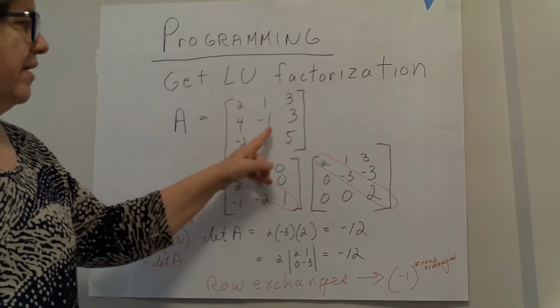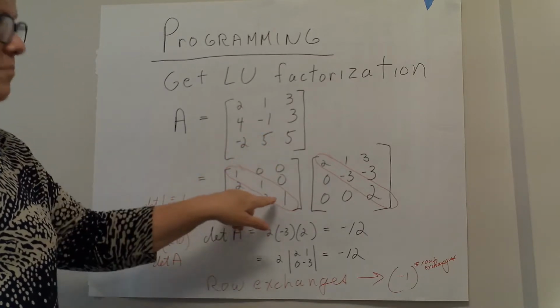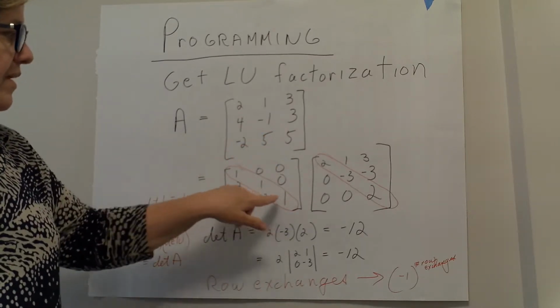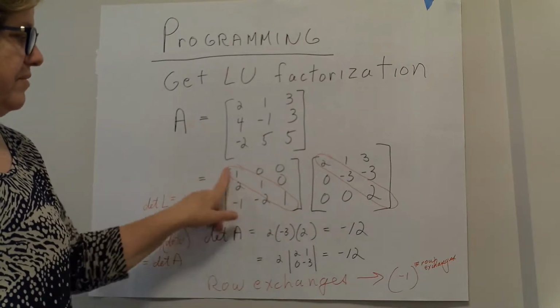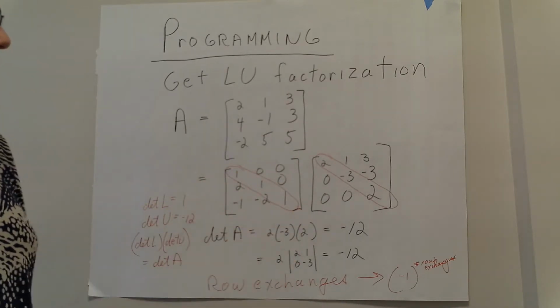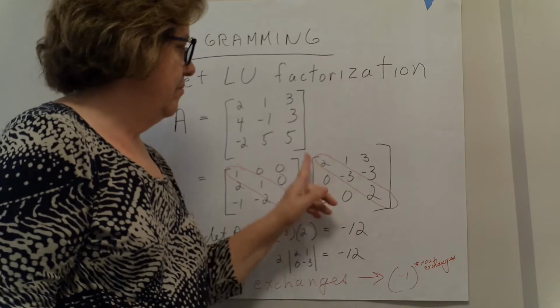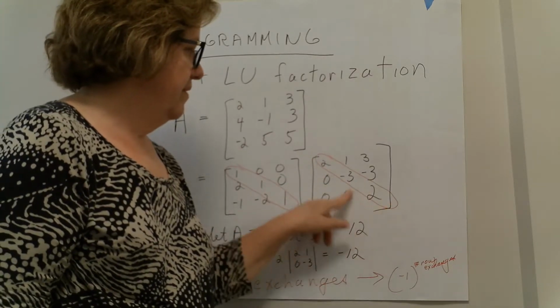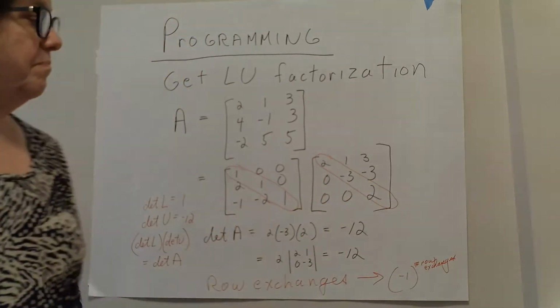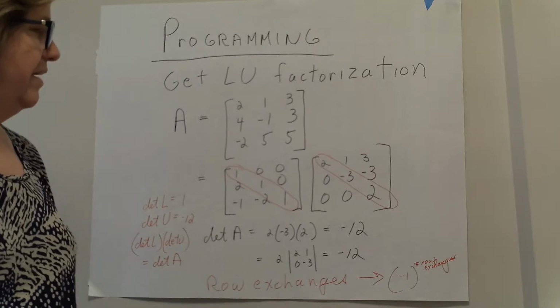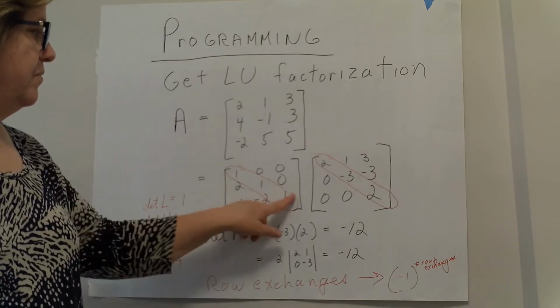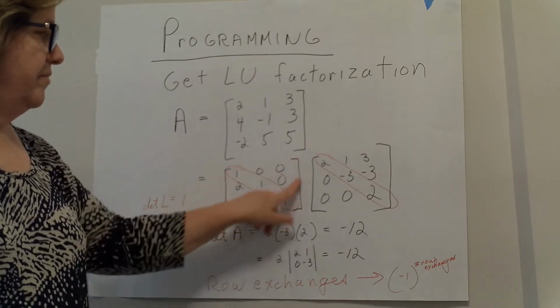When we do our LU factorization, remember, using elimination, we get our L matrix with ones along the diagonal, and our U matrix upper triangular. Notice what the determinant of this matrix is.